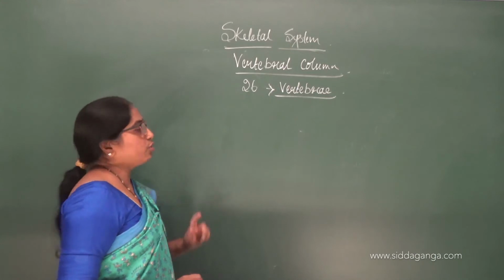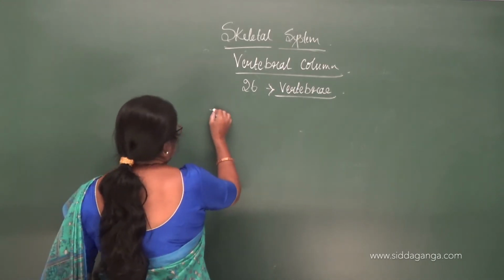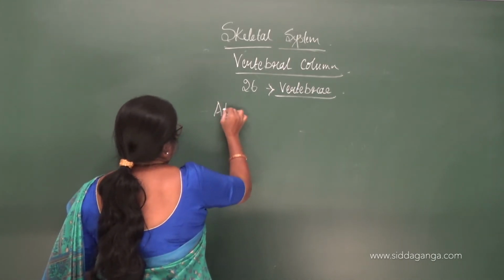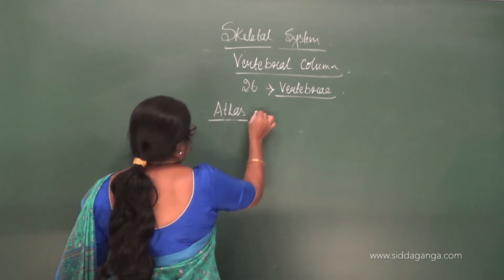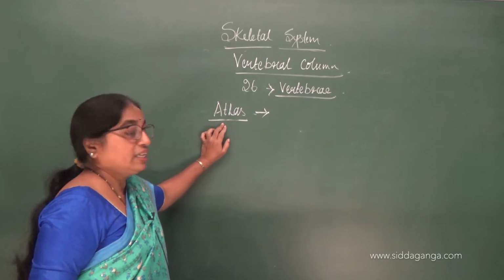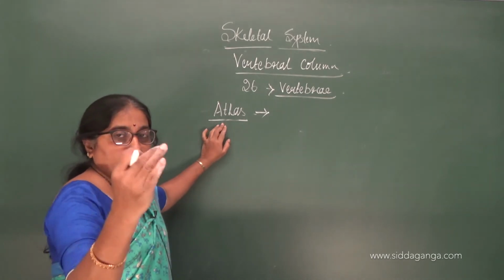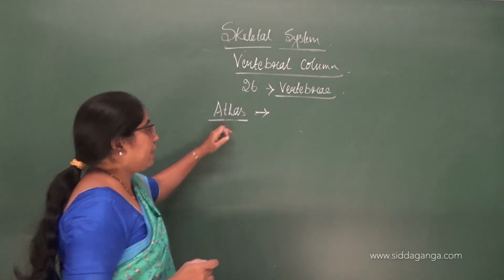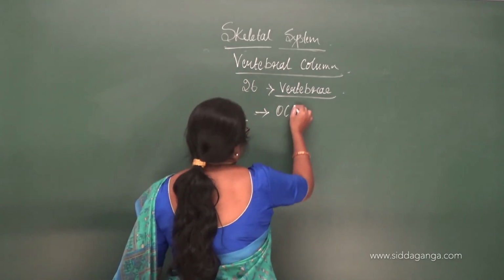The first bone of the vertebral column is called the atlas, and this atlas joins with the skull at the occipital condyles.